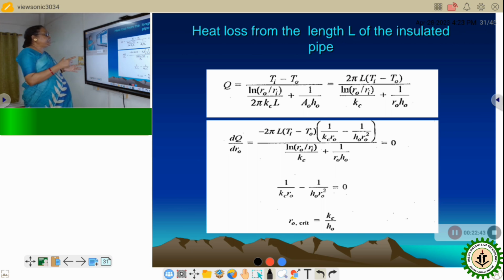So if we rearrange this expression and differentiate with respect to the outer radius, we get the final expression: minus 2πL ΔT into (1/(KcHo) minus 1/(Ho Ro²)) divided by [ln(Ro/Ri)/Kc plus 1/(RoHo)] squared, equal to 0.